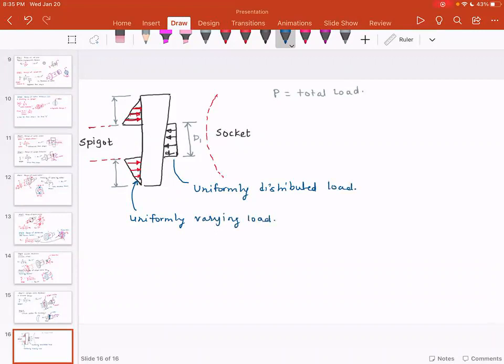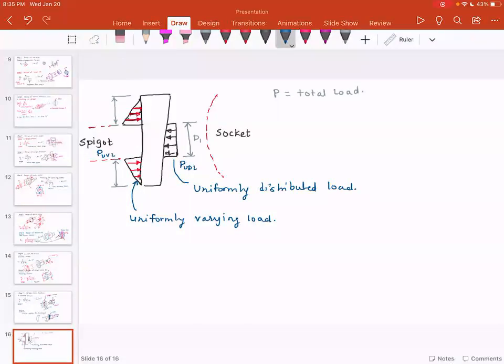I can find out the magnitudes of the uniformly distributed load and uniformly varying load, and I'm going to call this PUDL, and I'm going to call this PUVL.